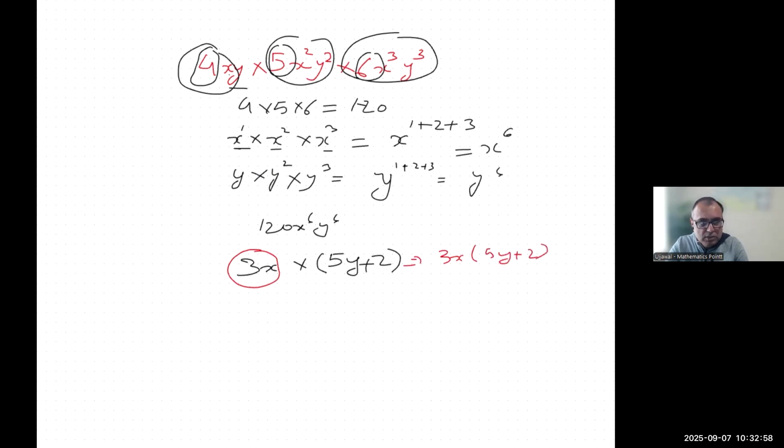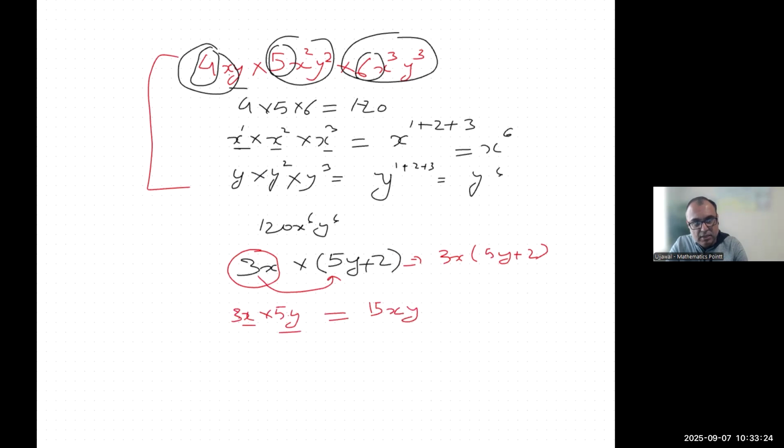Now I'm going to multiply 3x with every single term of the binomial inside. So 3x times 5y, 5 times 3 makes it 15. There's only one x, I write x, and there's only one y.